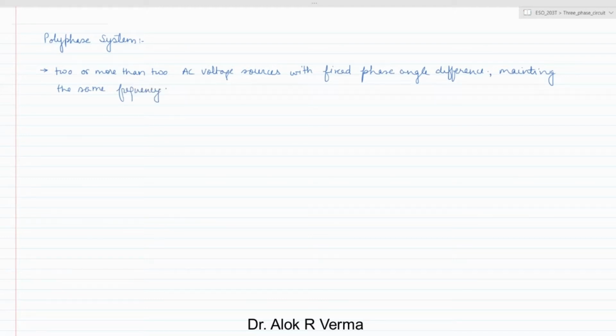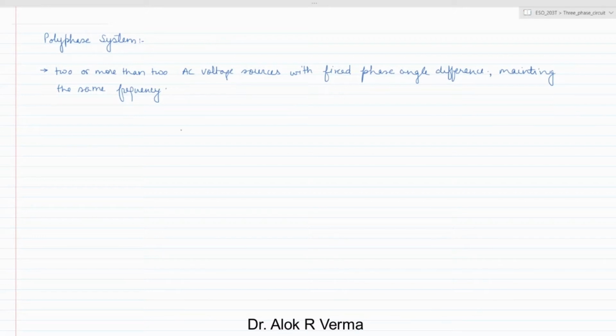So two voltage sources or three voltage sources or even more, different AC voltage sources will be present and these sources will have the same frequency.